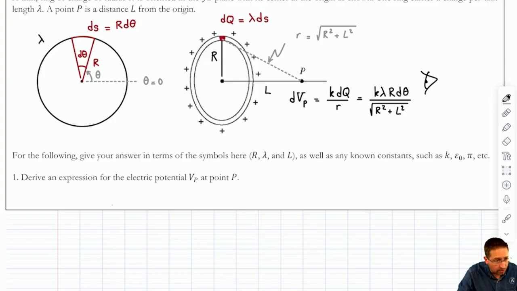Okay, so I did it here so that we could do it on the figure. V at point P is going to be the integral from theta equals 0 to theta equals 2 pi of this thing.